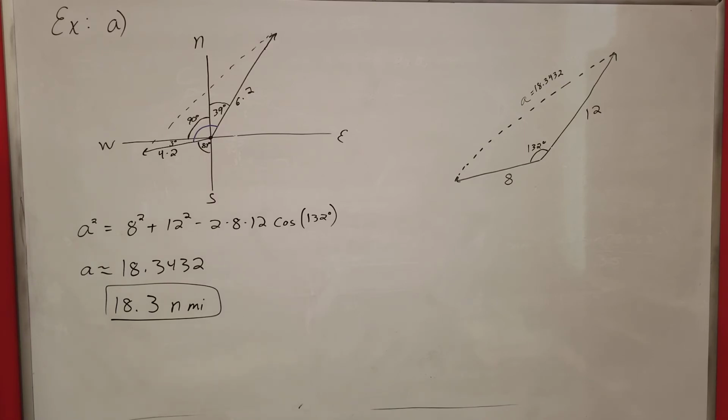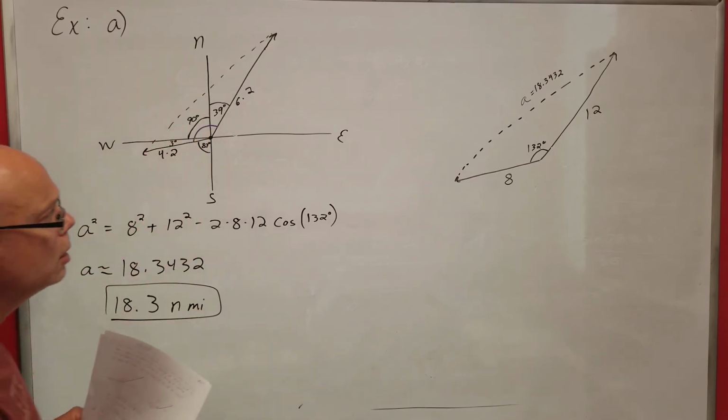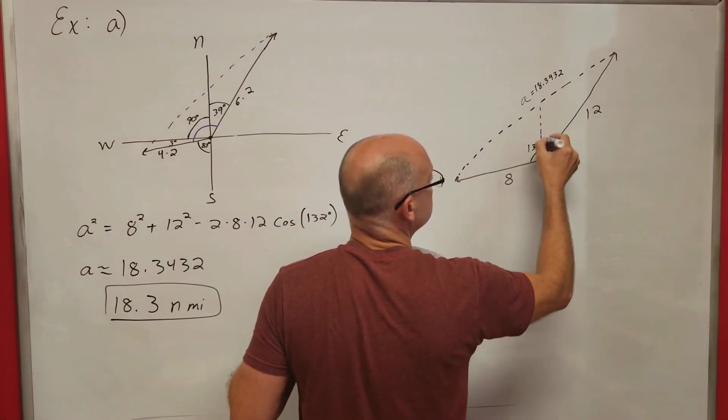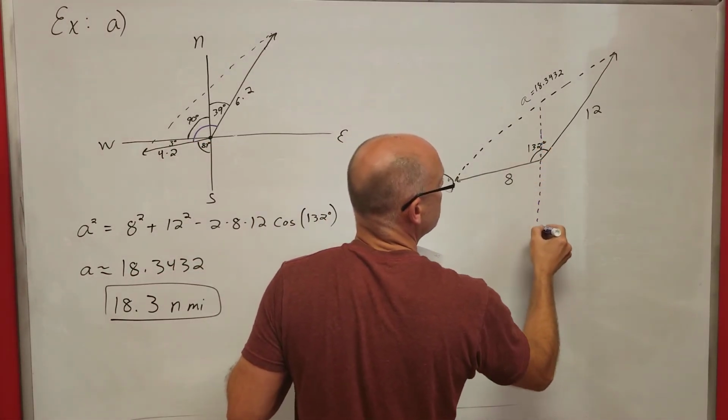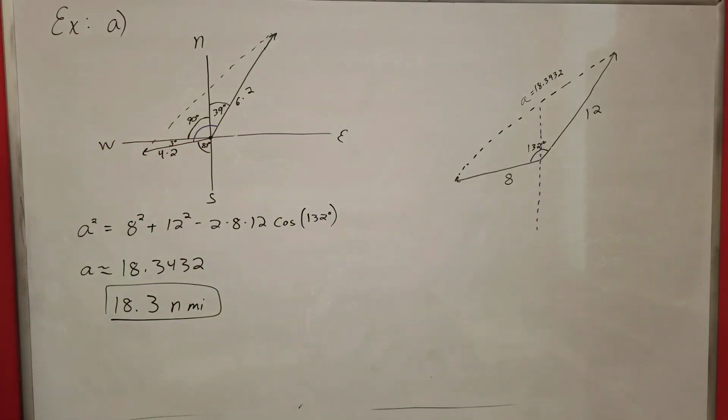Let me grab my other color here. And let's see something. All right, so here is my north-south line right here. What if I kind of duplicate that over here with a dash? And say, okay, there's my north-south line. And what do I know right here about my north-south line?